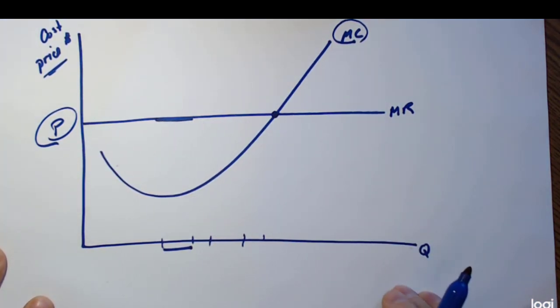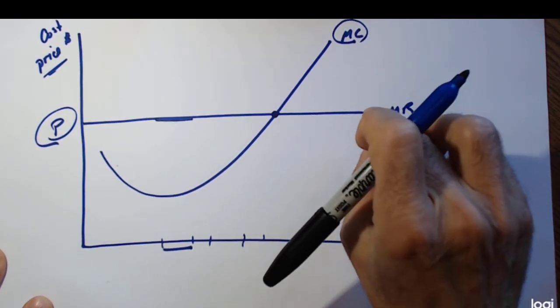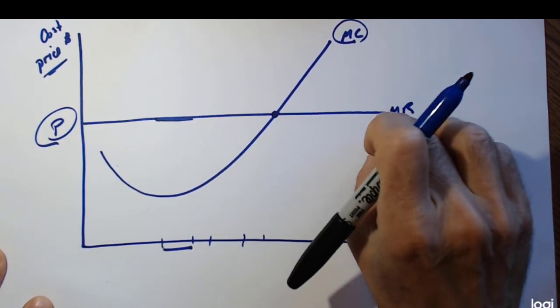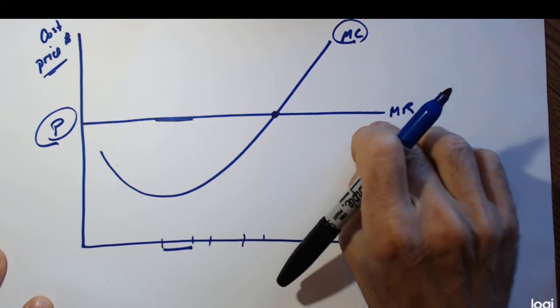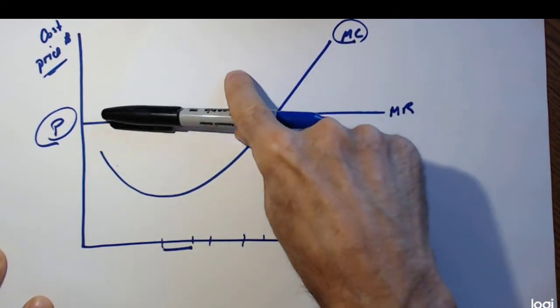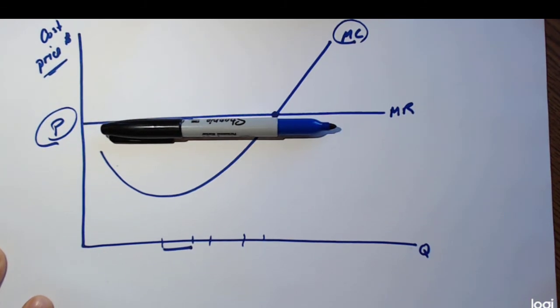So the point is, we've got these cost curves, and by themselves they're interesting, but it's an incomplete picture of the story. We need to look at price, and when we look at price, what we're looking at is a demand curve. What do those demand curves look like? For perfect competition, the demand curve looks like this.